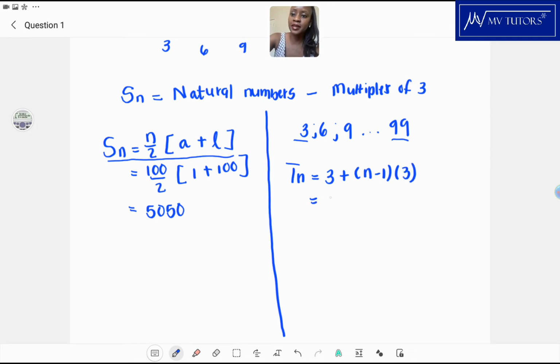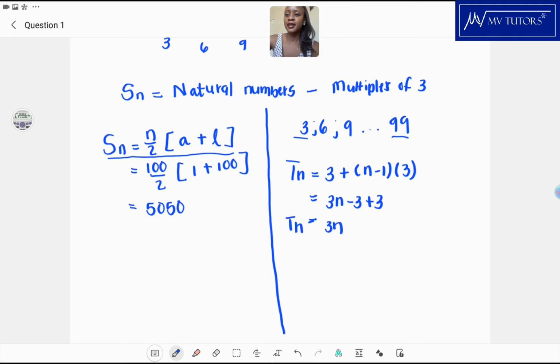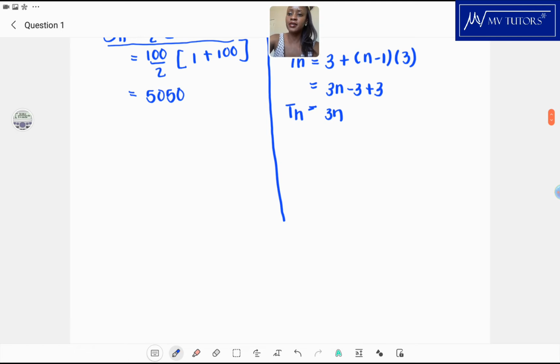If I multiply this out, I get 3n minus 3 plus the 3. So my general term formula is Tn equals 3n. Now, for me to get to 99, how many terms would I need? If I divide by 3 both sides, I get that n is 33.